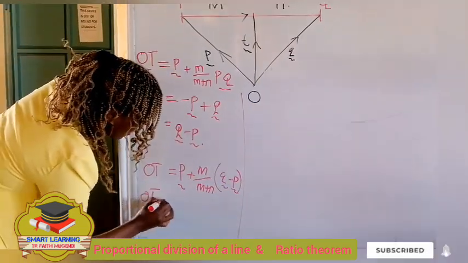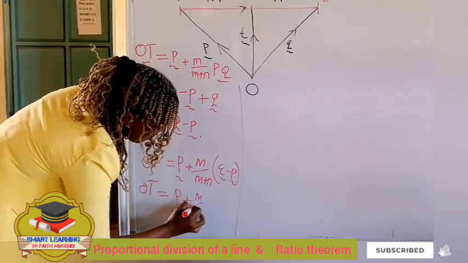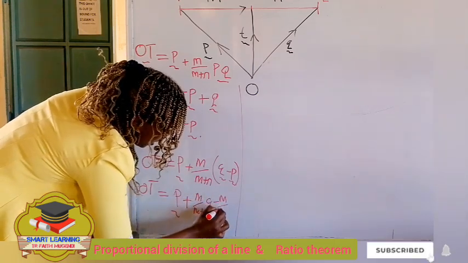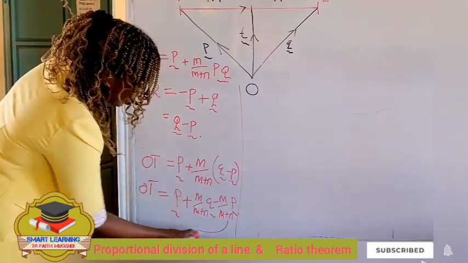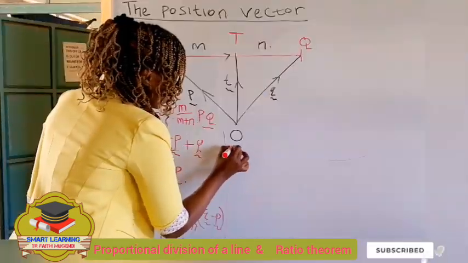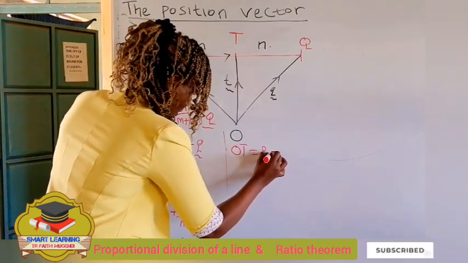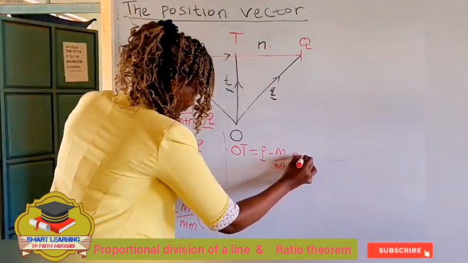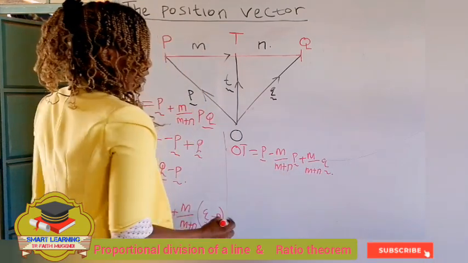So, simplifying, we shall have P plus m over m plus n Q minus m over m plus n P. Taking the like terms together, our OT shall be P minus m over m plus n P plus m over m plus n Q. Nice.